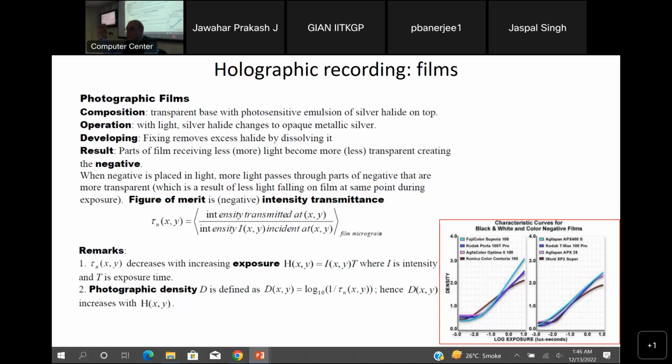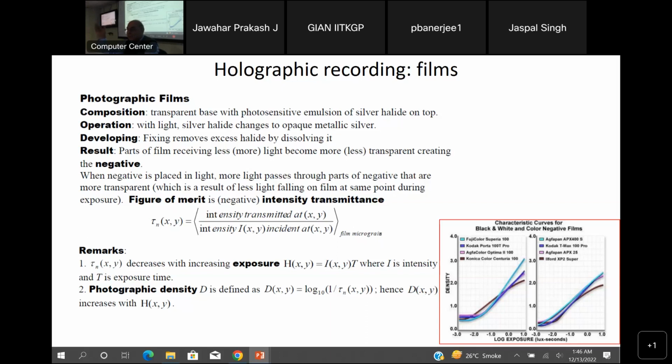Therefore, if you shine a pattern of light that has bright and dark and bright and dark, those regions that are bright will make more silver. If the silver is more, then when you wash out the silver halide, that area is going to have more darkness. And the other area where no light fell is going to become more transparent, so to speak.